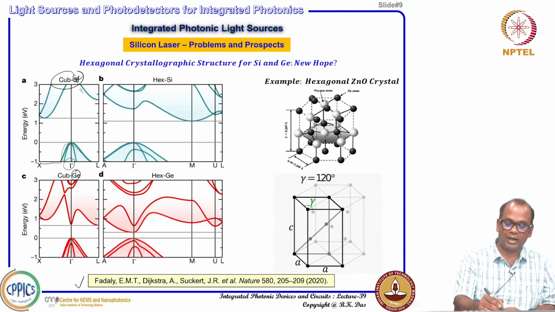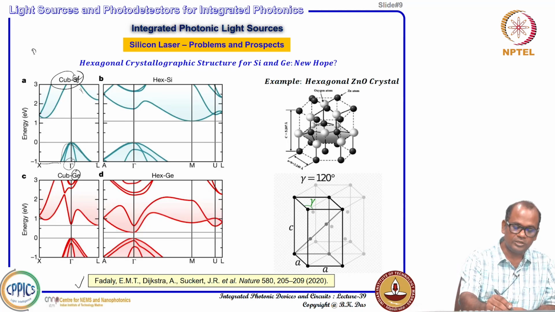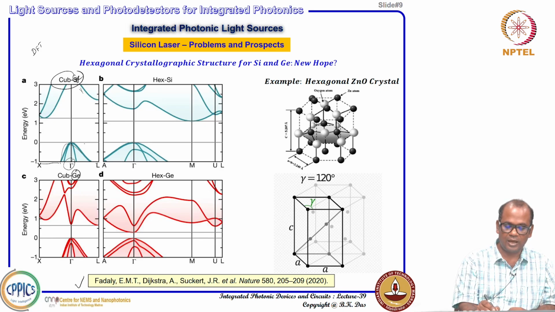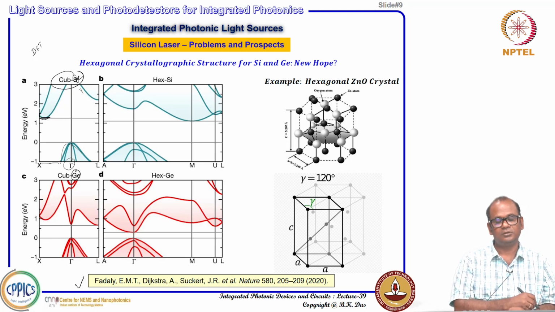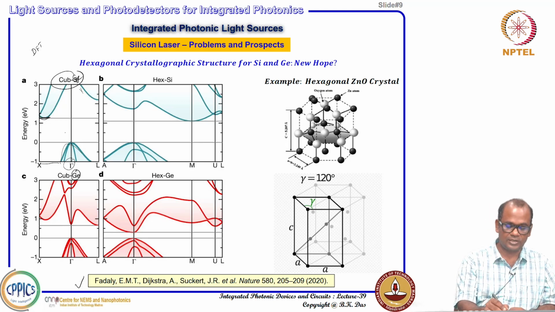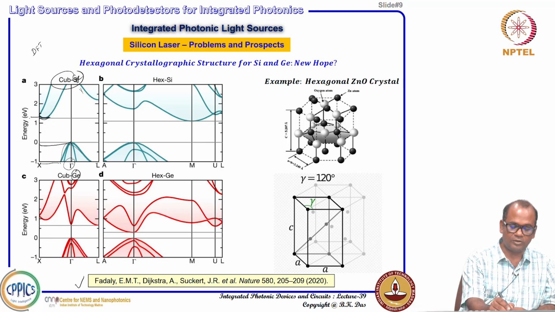They calculated the band structure of cubic silicon using density functional theory. For silicon, this is the L direction and this is the X valley. The conduction band minimum is coming along the X direction, and the band gap is 1.12 electron volt.